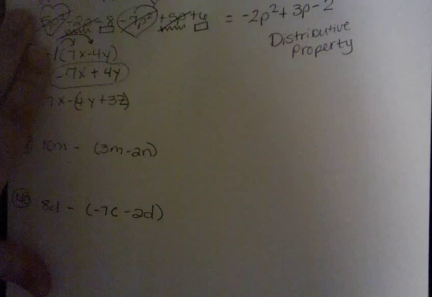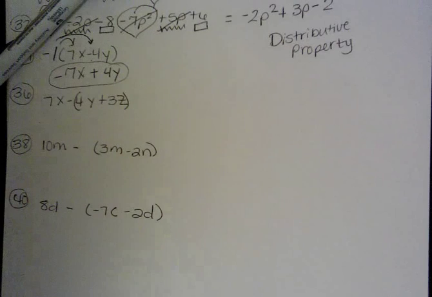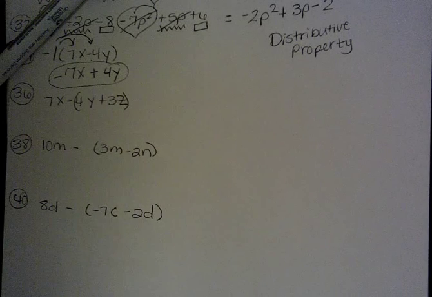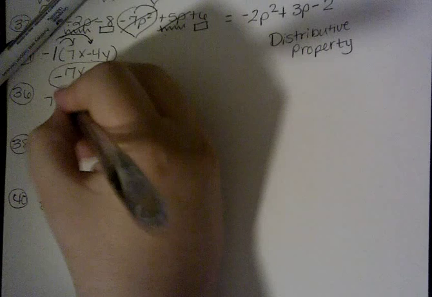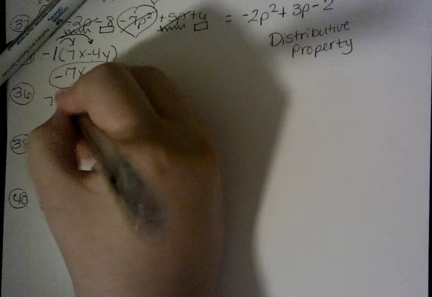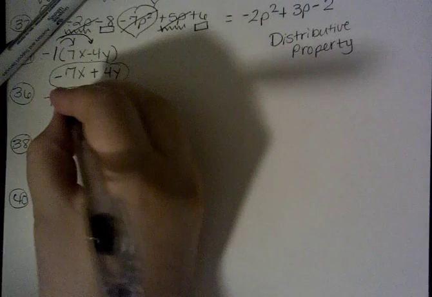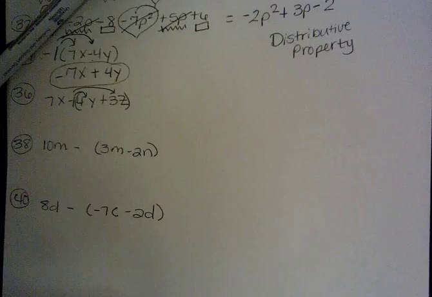Okay, so now let's look at problem number 36. On problem 36, they want us to remove these parentheses. Remember, there's an understood 1 in front of that set of parentheses. And you're going to distribute or multiply that -1 times each term inside of those parentheses.